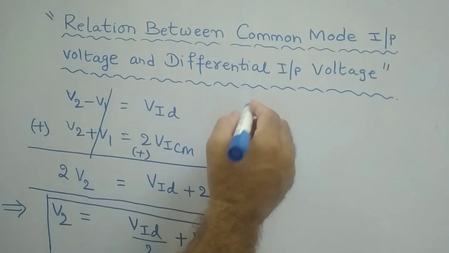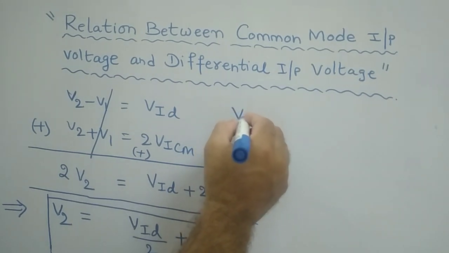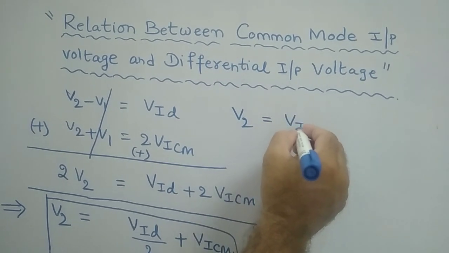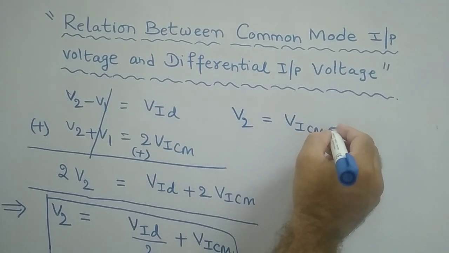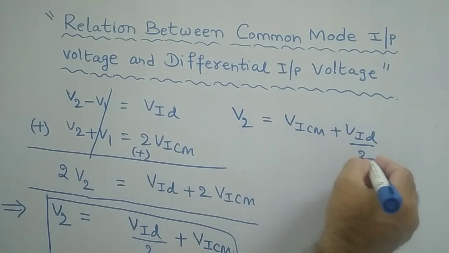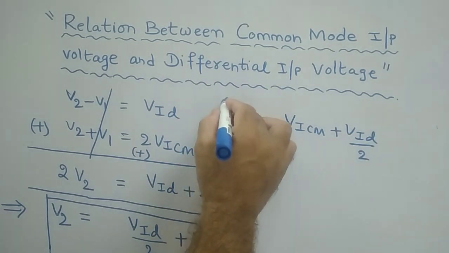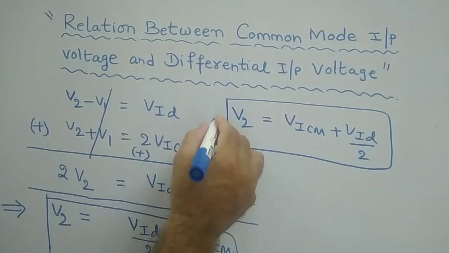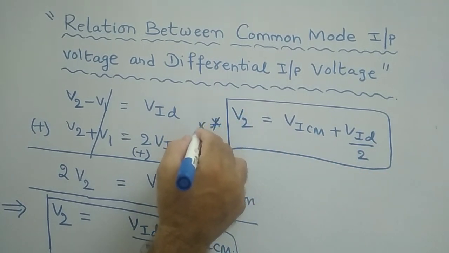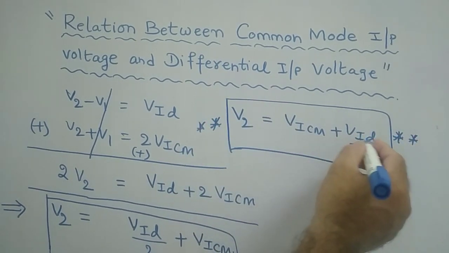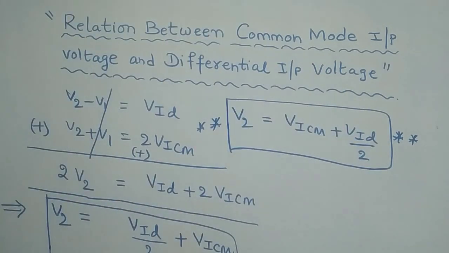I can write it conveniently as V2 is equal to VICM plus VID by 2. This is a very, very important equation. V2 is equal to the common mode input voltage plus the differential input voltage by 2.